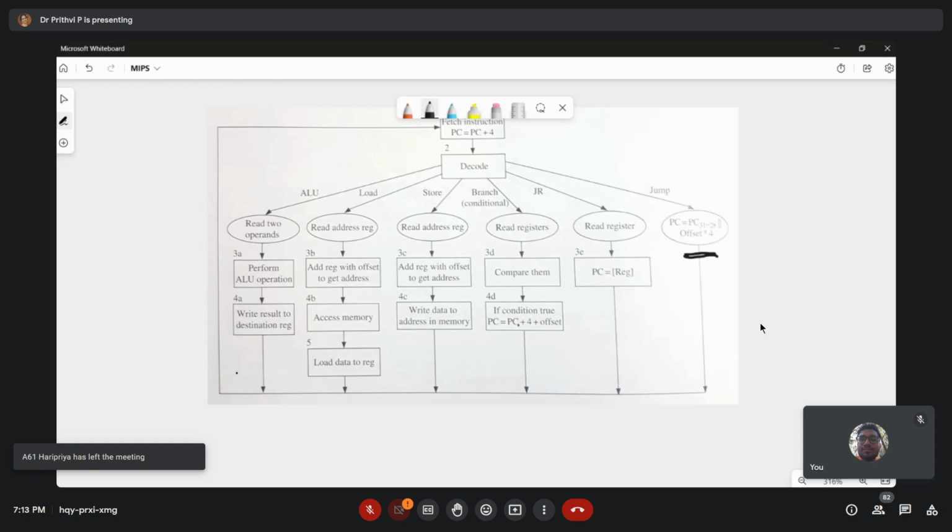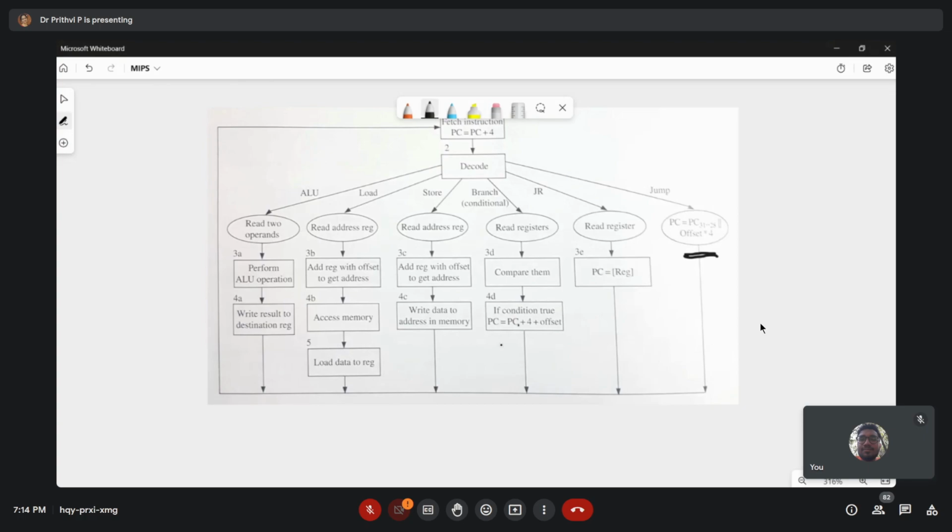What is the simplest instruction? It is jump, only one simple decoding. What is the lengthiest is the load instruction. You need to read the address, you have to do the offsetting, access the memory to bring the data and perform the said instruction, then you have to load the data onto the register. This is the lengthiest path, and this is the shortest path you are having.